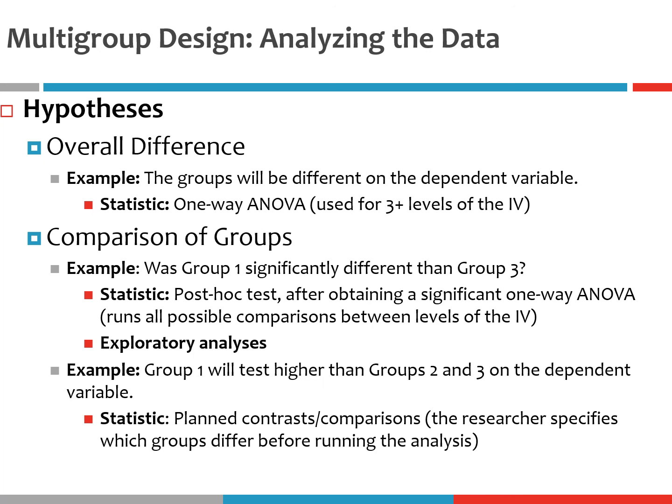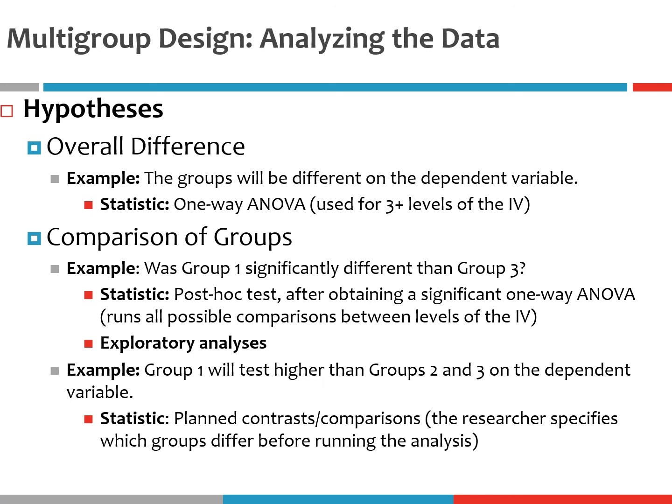Because generally, you think all the groups are different. As a researcher, if you have 3 groups, you think they're all different from each other. If you have 4 groups, you think they're all different from each other. As a researcher, you don't have 4 groups and then say, I think that group 1 and group 4 are different, and the rest of them are the same. Because if that was the case, why did you run 4 groups? As a researcher, you generally think all the groups are going to be different.